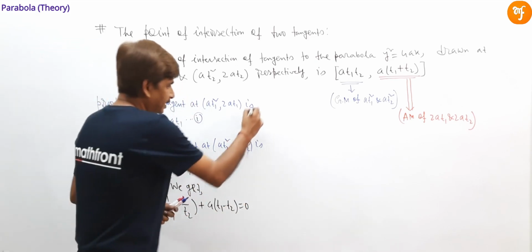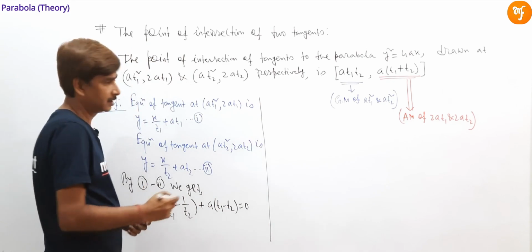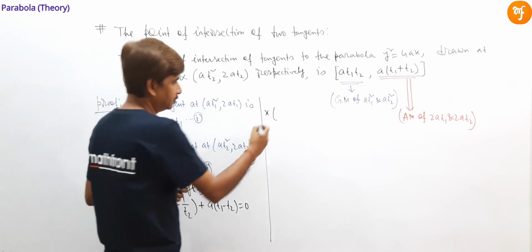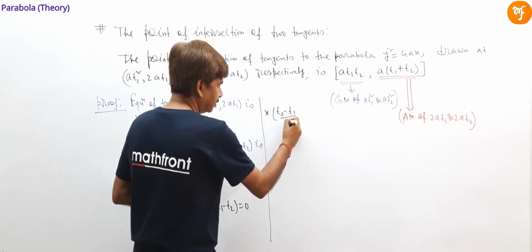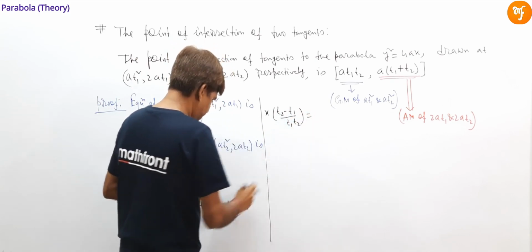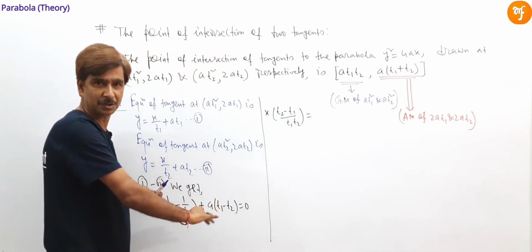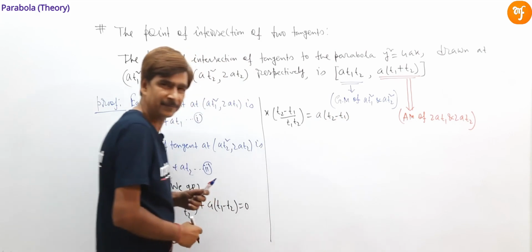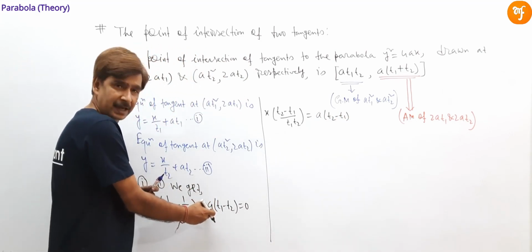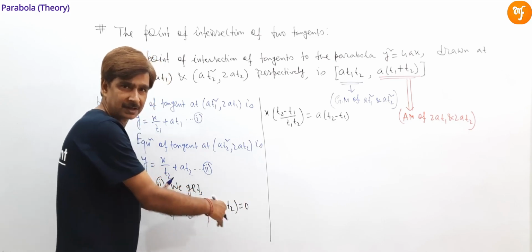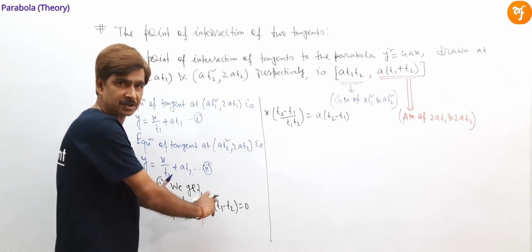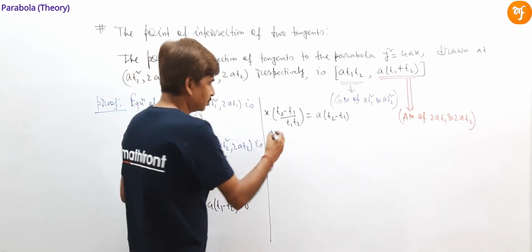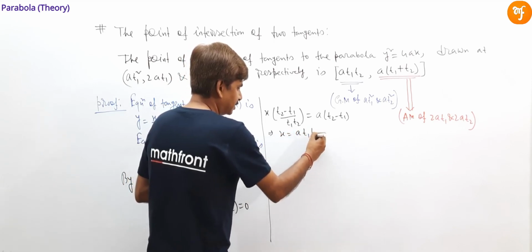So simplifying, we get x into (t2 minus t1) by t1t2, and shift this a into (t1 minus t2) to the right hand side. So the right hand side can be written as a into (t2 minus t1). Okay, clear? So t2 minus t1 must be cancelled as t1 is not equal to t2. So we will get x is equal to a into t1t2.